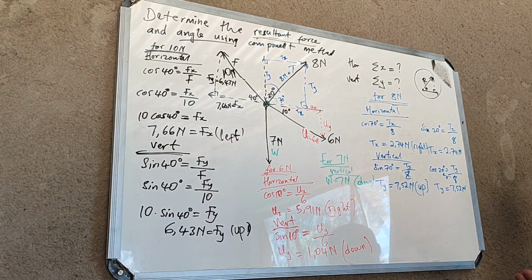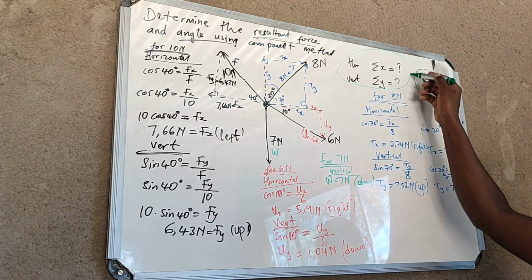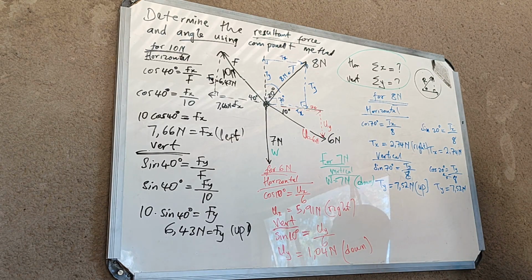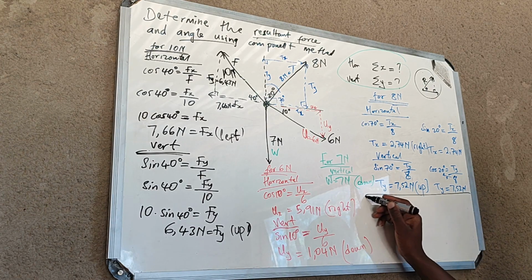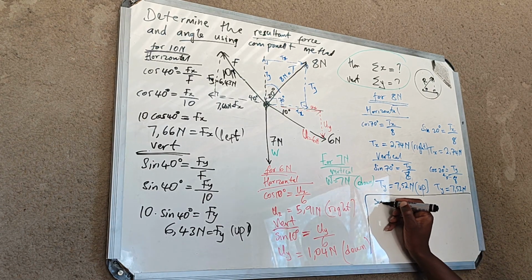So we are driving toward the resultant. That means we need to come back to the summation of horizontal. Can we move on? So let's try to squeeze it here. So sum.